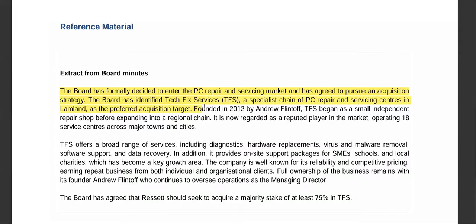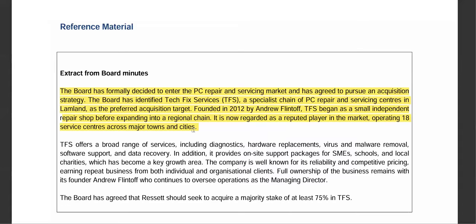Founded in 2012 by Andrew Flintoff, TFS began as a small independent repair shop before expanding into a regional chain. It is now regarded as a reputed player in the market, operating 18 service centers across major towns and cities. So, a successful company with an existence of 13 years.